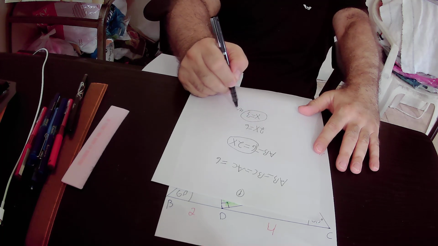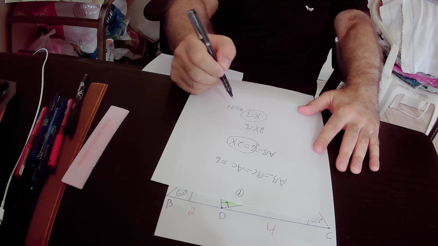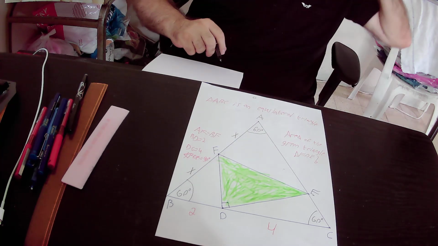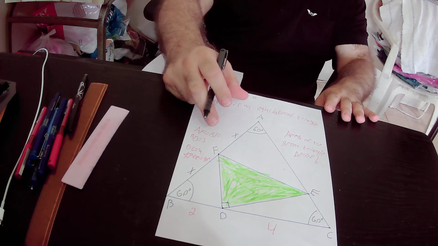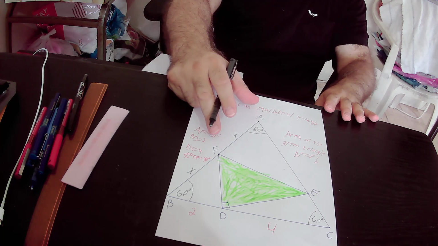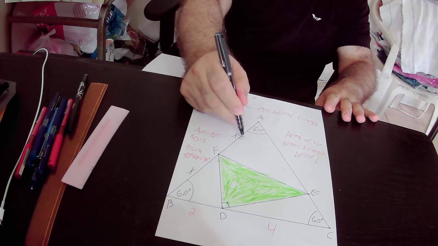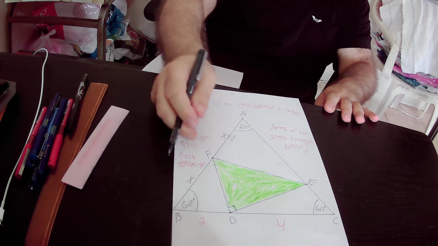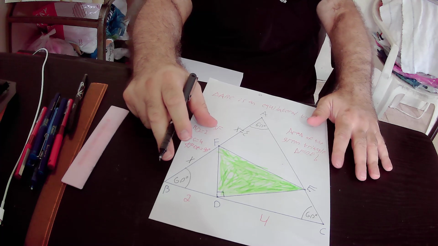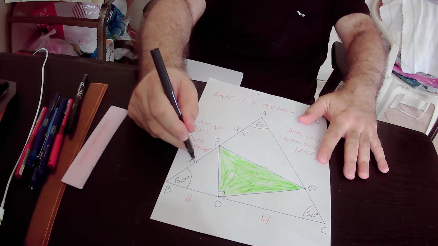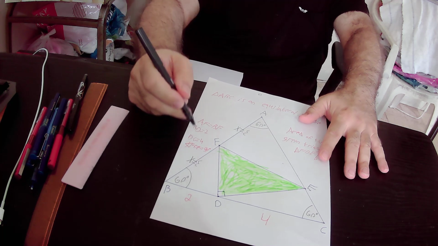Okay, X equals 3 units. Therefore, AF also equals X equals 3 units, and BF that equals X also equals 3 units.